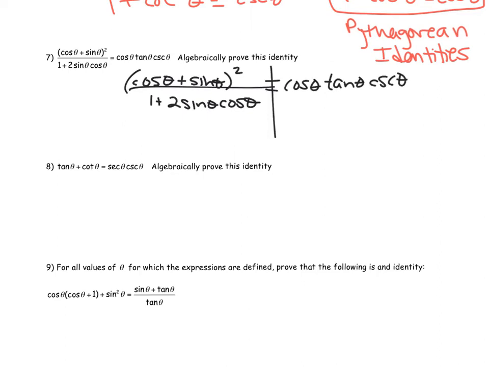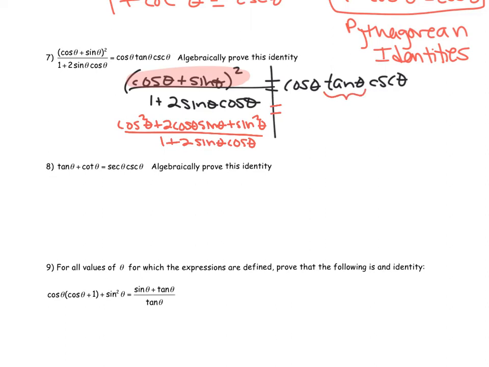So I'm probably going to want to double distribute the numerator here. We will end up with cosine squared theta plus 2 cos theta sine theta plus sine squared theta, all over 1 plus 2 sine theta cos theta.